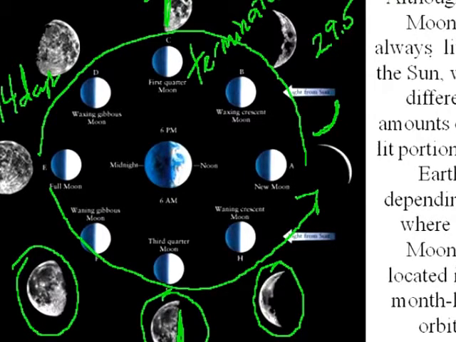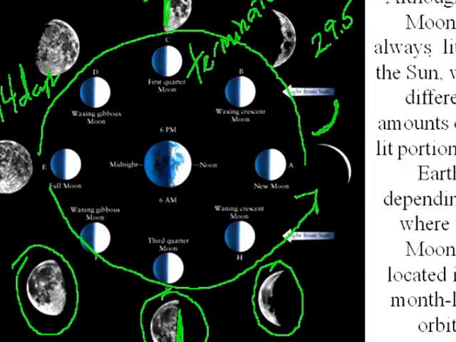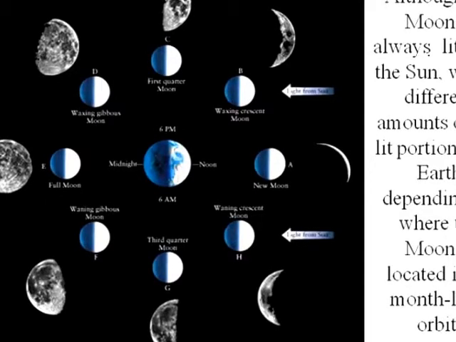So it's first quarter and last quarter. These are the moon phases. You should be able to identify them from a drawing, from a picture, when given a name, when given a picture of them, the moon phases.